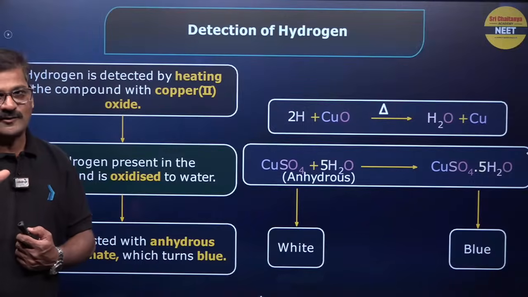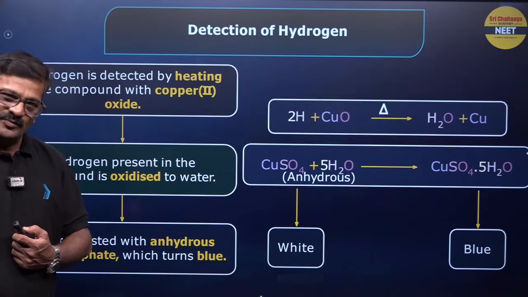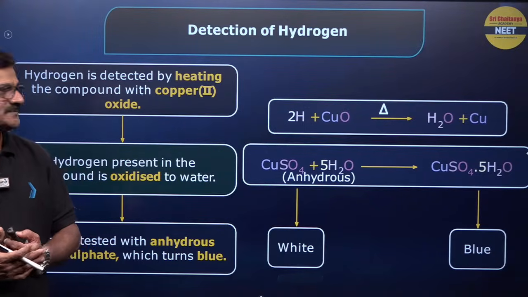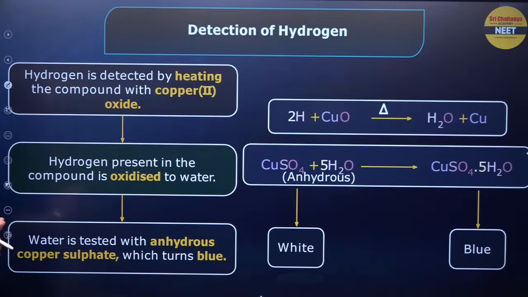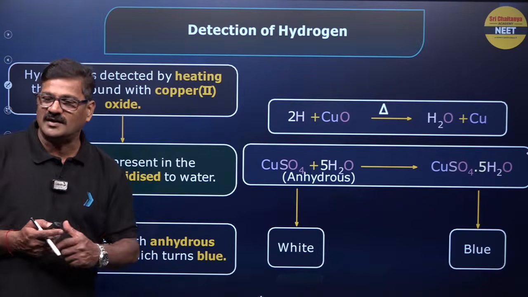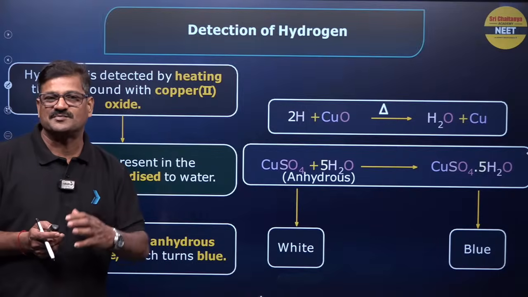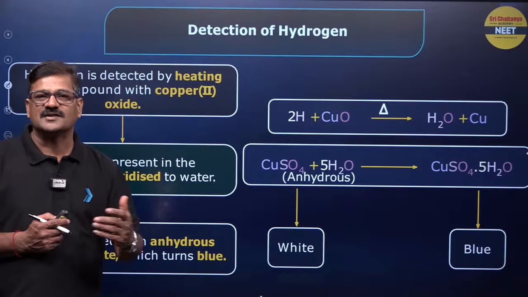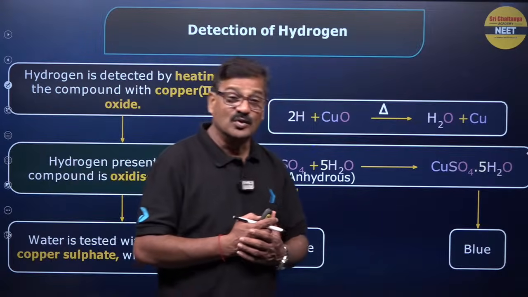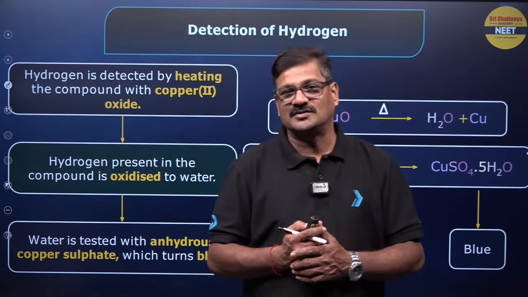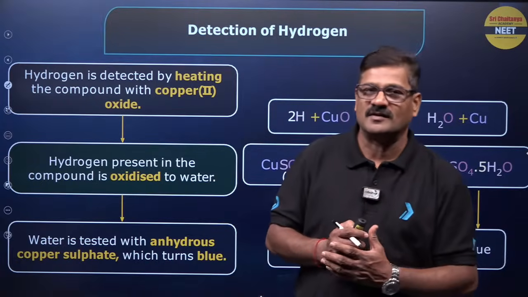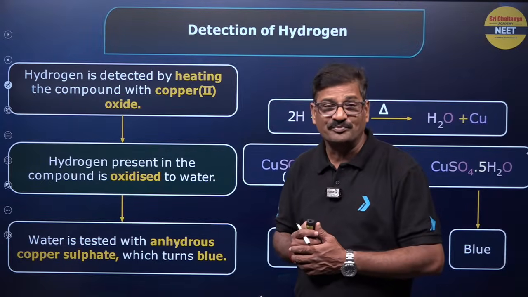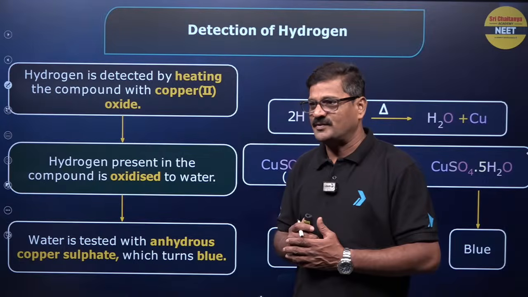Whenever carbon and hydrogen are there, the organic compound must contain carbon and hydrogen. And hydrogen of the compound is converted into water, so that water vapor is passed through anhydrous copper sulfate. So that anhydrous copper sulfate is going to turn blue in color. So turning of the white to blue color of the copper sulfate can tell you hydrogen is present.